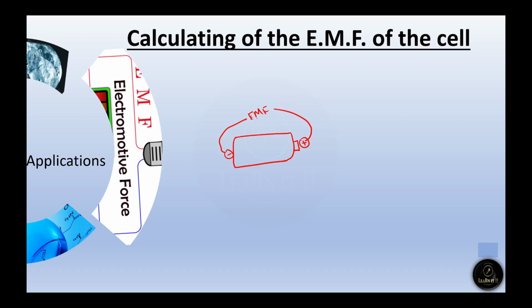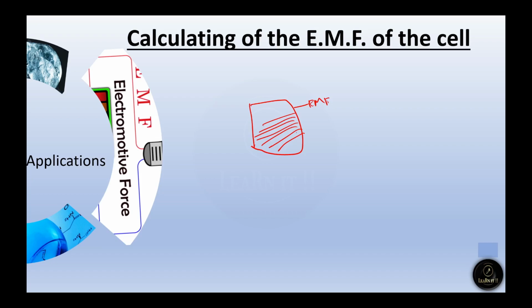It is the highest potential difference between the terminals of the cell or battery. So EMF is more in the beginning, but when we start to use it, its potential difference decreases. Now this is called the potential of the cell or cell potential.